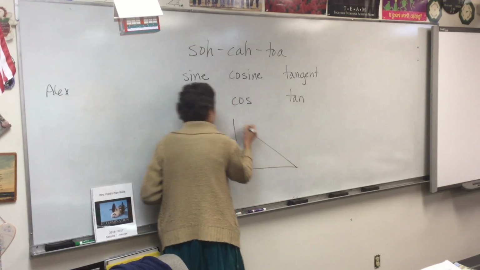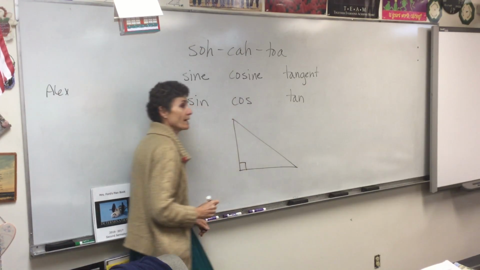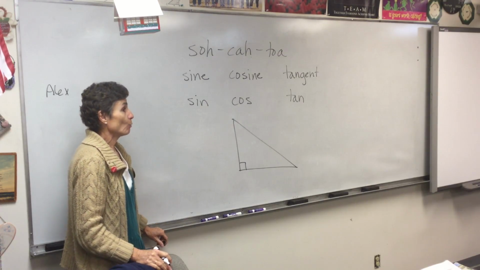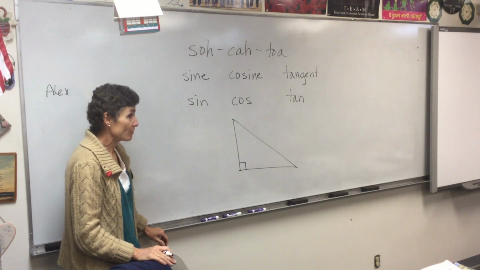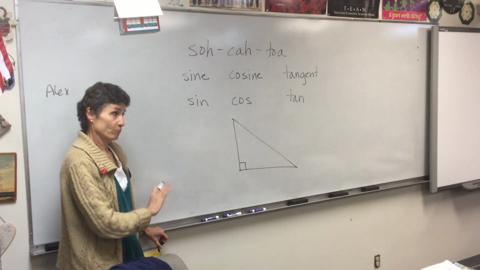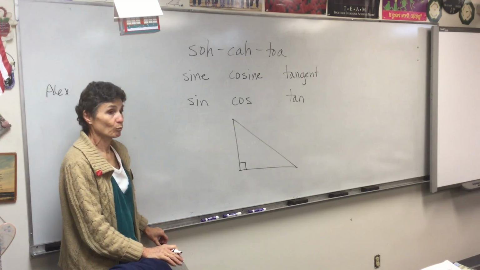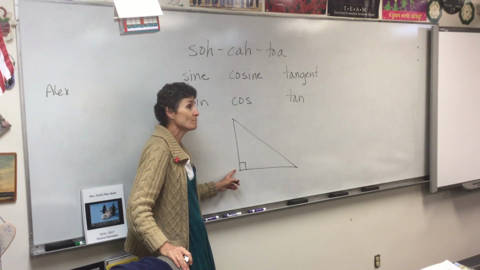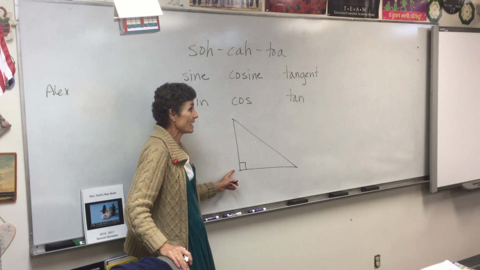Sohcahtoa refers to right triangles only. In chapter 5, we will branch out into some other kinds of triangles, but for the beginning, we're sticking with right triangles. And you remember that a right triangle is a triangle that has a right angle, right?